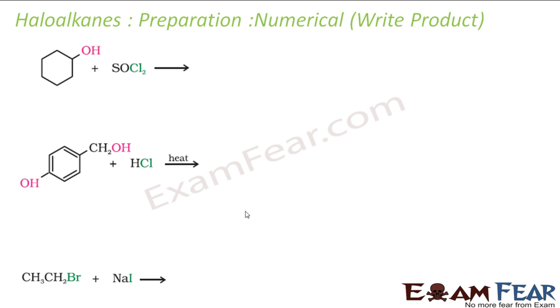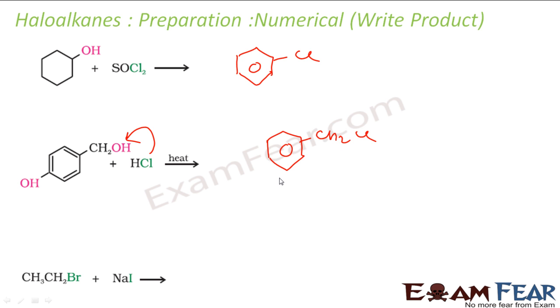Here we'll write the products. We have seen this reaction with SOCl2. It will replace OH with chlorine, right? This will become chlorine. Here HCl also we have seen. This will replace this OH. This will become CH2Cl, and this OH will be back.